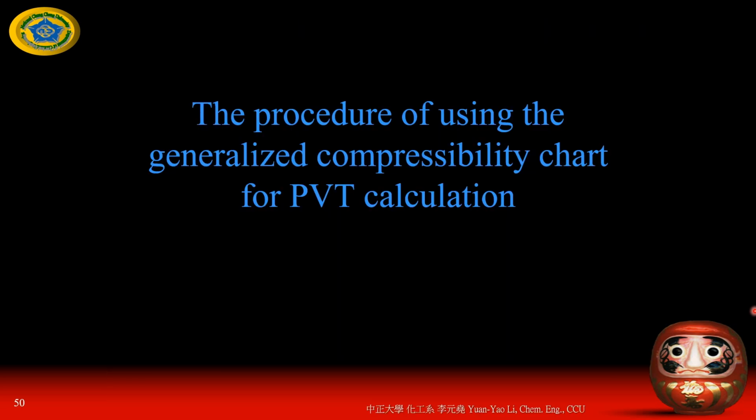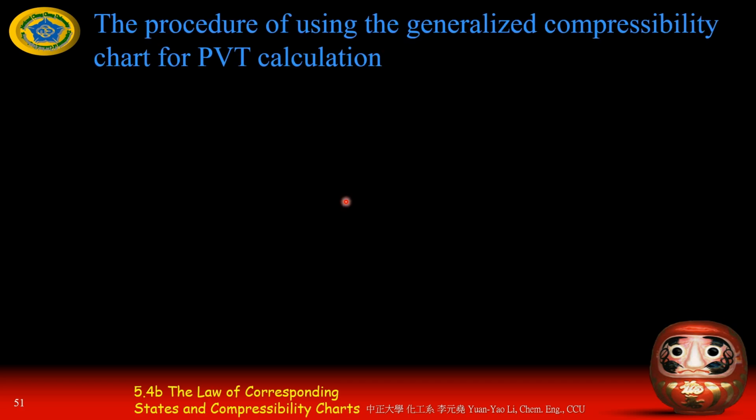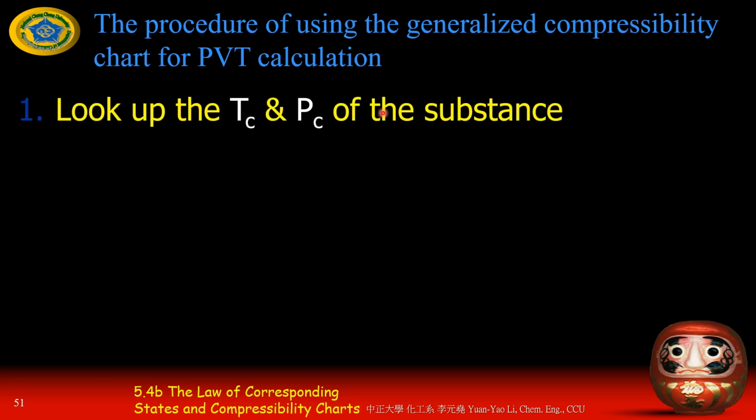Now the procedure of using the generalized compressibility chart for PVT calculation. PVT is very important in the gas phase. If I ask you about carbon dioxide, you need to find the critical temperature and the critical pressure of carbon dioxide.